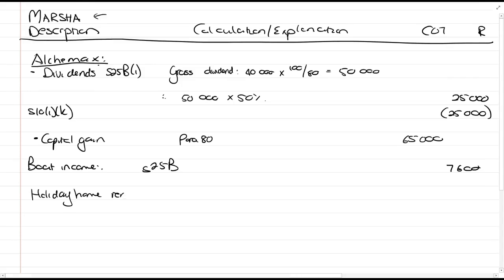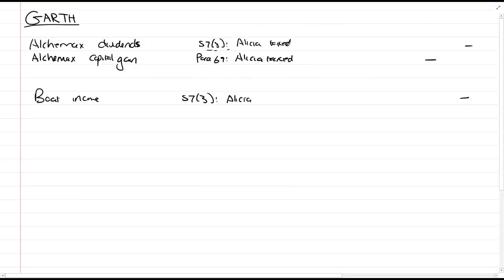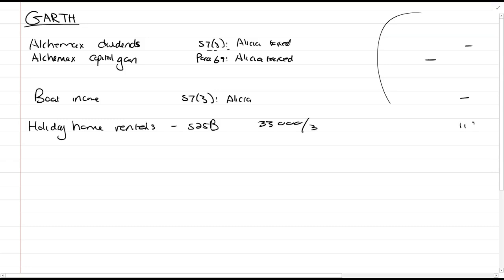Holiday home rental, Section 25B, 33,000 divided by 3, 11,000. We go to Garth, who has not been taxed on anything so far. Holiday home rentals, Section 25B, 33 divided by 3. I suppose you only have to show it once.